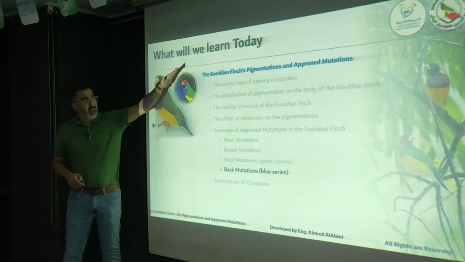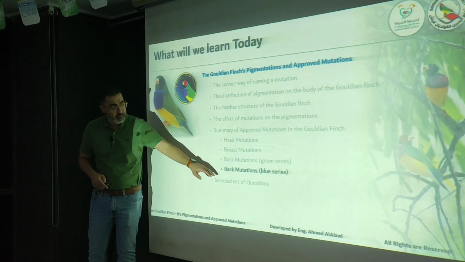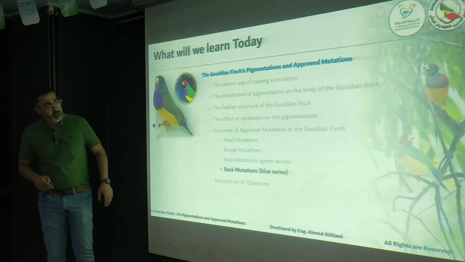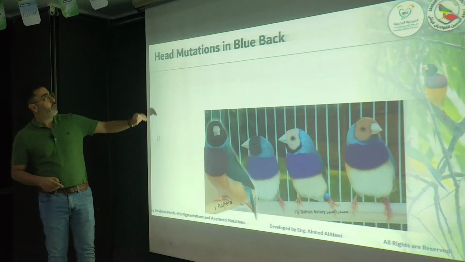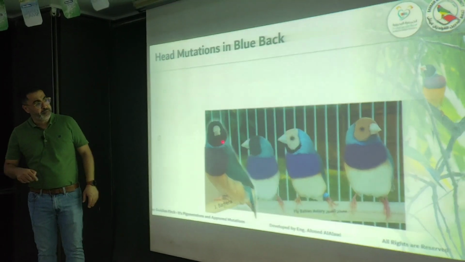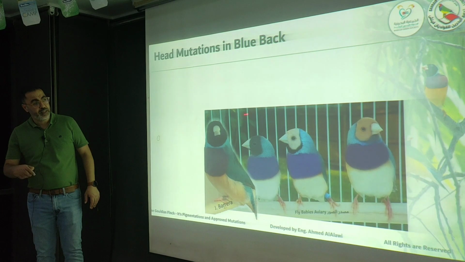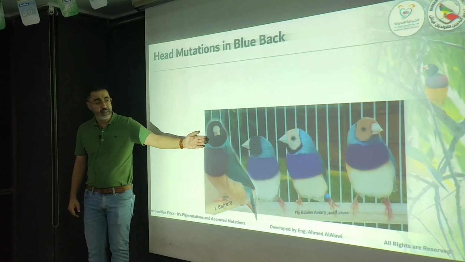Now, what we've covered so far is quite a long journey. Let me talk to you a little bit about other mutations, or actually other questions, if I may. So, head mutations in the blue series. Now we have all of these colors. Black, right?